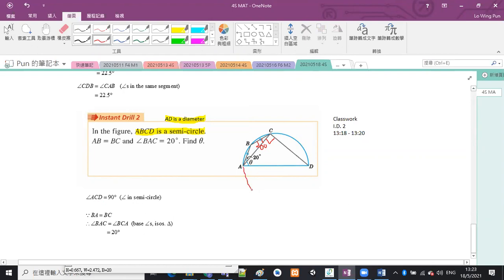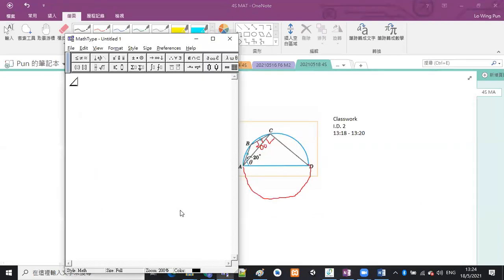Can you see that? If you just complete the circle, this is the original circle, right? And then A, B, C, D should be a cyclic quad. Angle BAD and angle BCD should be a pair of opposite angles. So angle BAD plus angle BCD should be equal to 180 degrees, and this is opposite angles cyclic quad.